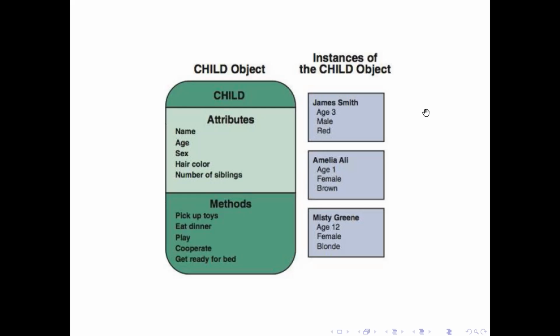Other than that, it also has number of siblings. Then the child has a different set of methods: pick up toys, eat dinner, play cooperatively, get ready for bed, and so on. Similarly, if you look at the instances for the child object, for each of these attributes you should have some values.